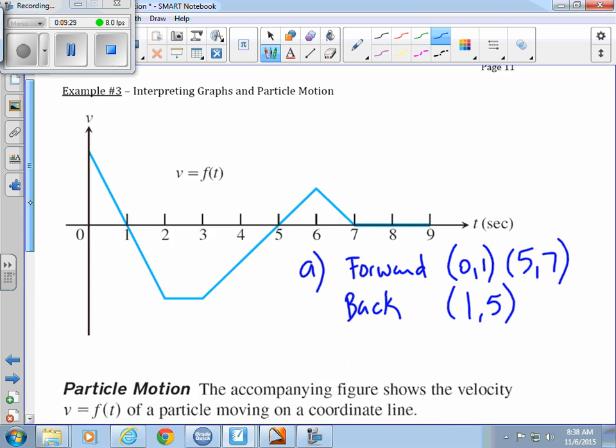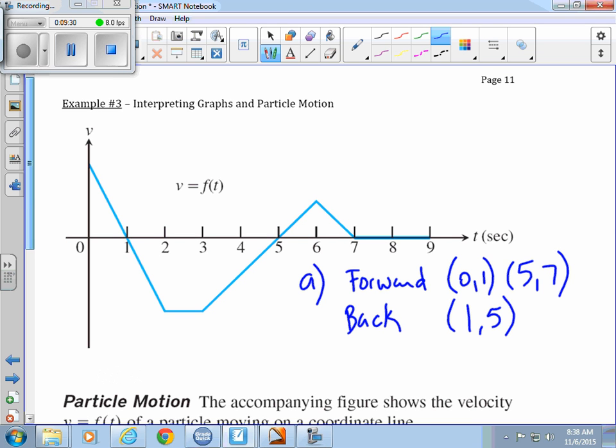One of the ways is to quickly sketch a speed graph instead of a velocity graph. And what is a speed graph in comparison to a velocity graph? It's almost exactly the same. Almost. Except, it's absolute value, right?